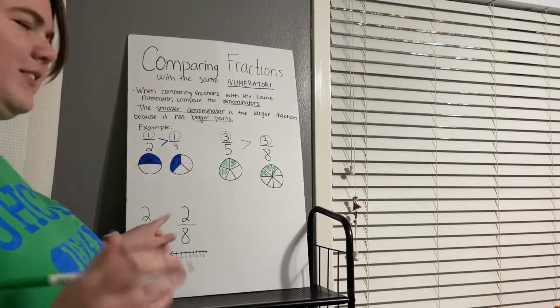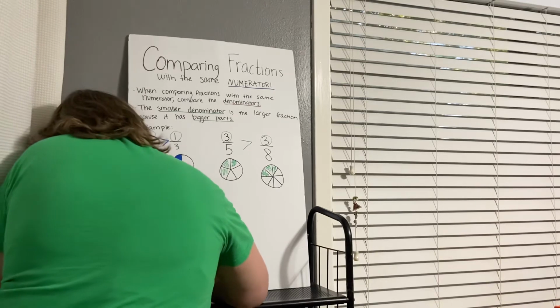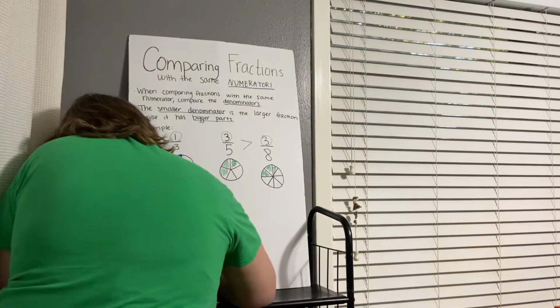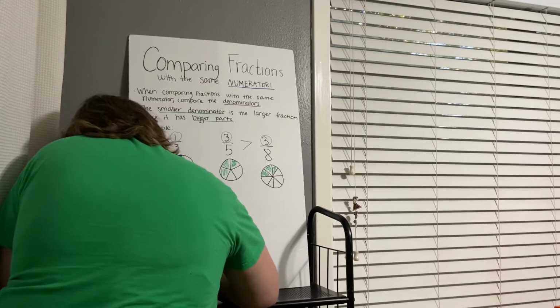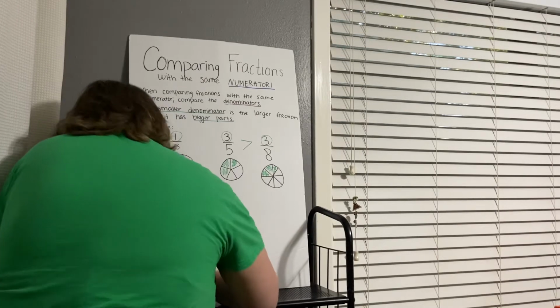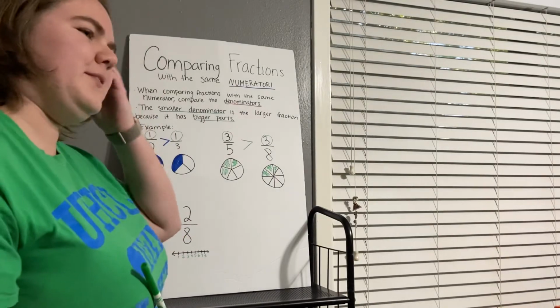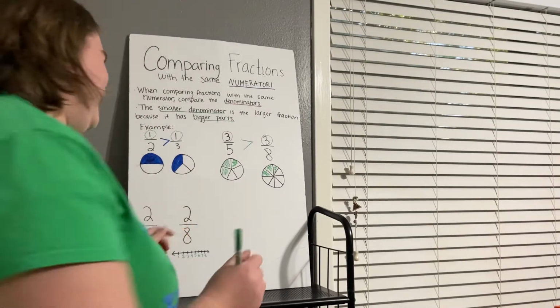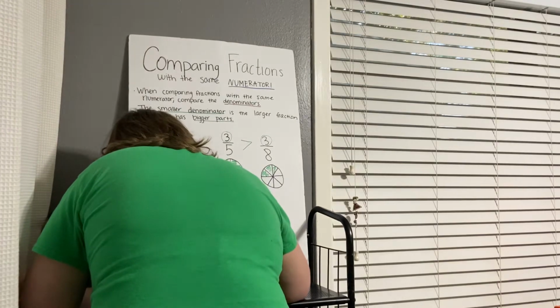Remember, when you label your number line, you put your denominator on the bottom. The denominator for this one is 4. What's our denominator for this one? I think it should be 8. 8. So we're going to add 8.